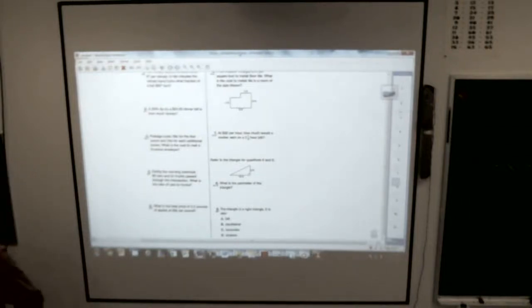Pretest 6A. Number 1 should be 1/6. Number 2, $4.80. Number 3, $1.59. Number 4 is 4 to 1 or 4/1.